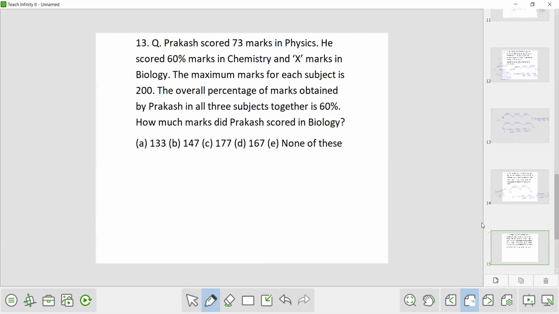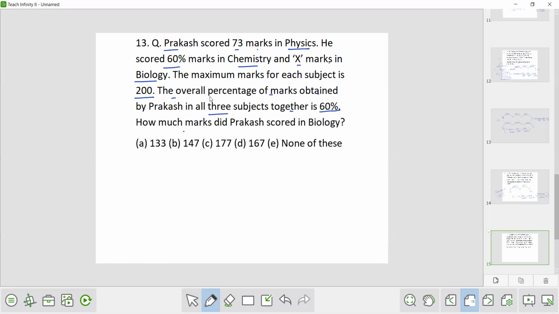Now, next question. Prakash scored 73 marks in physics. He scored 60 marks in chemistry and X marks in biology. The maximum marks for each subject is 200. The overall percentage of marks obtained by Prakash in all the three subjects together is 60%. How much marks did Prakash score in biology?